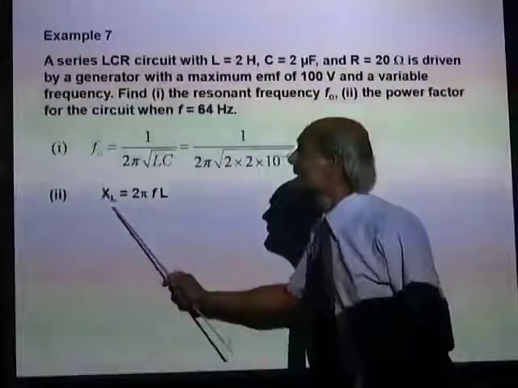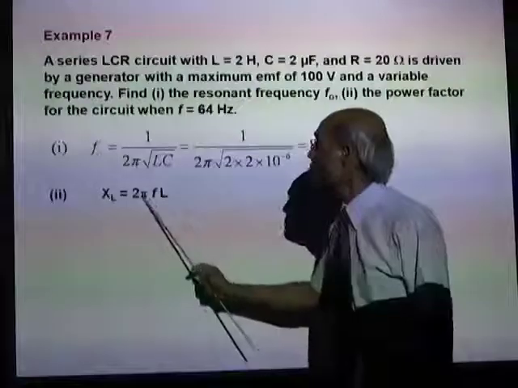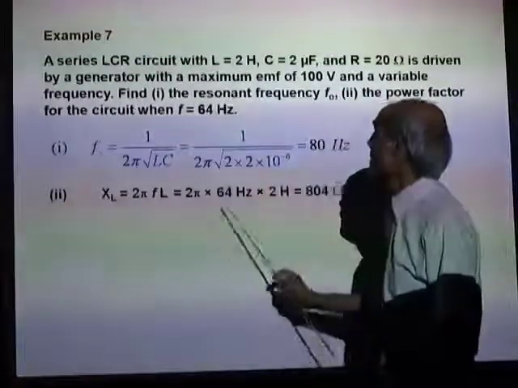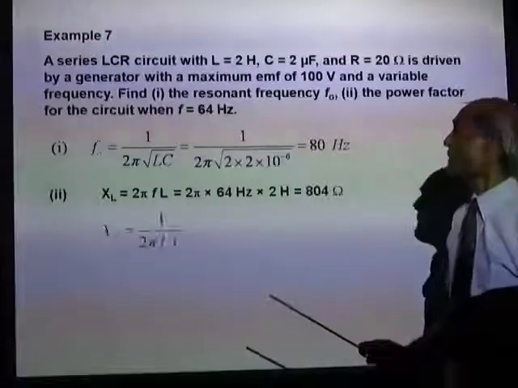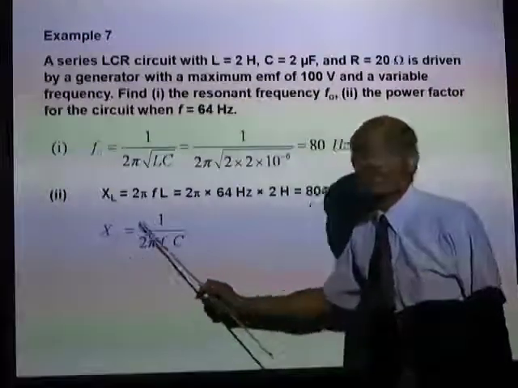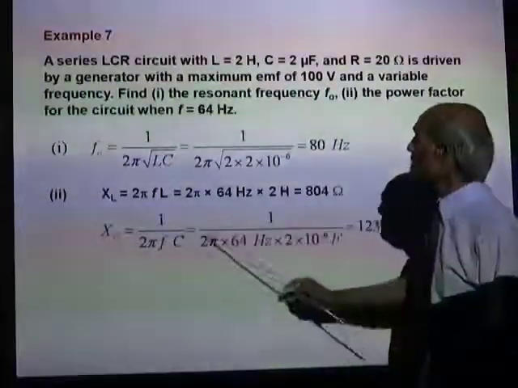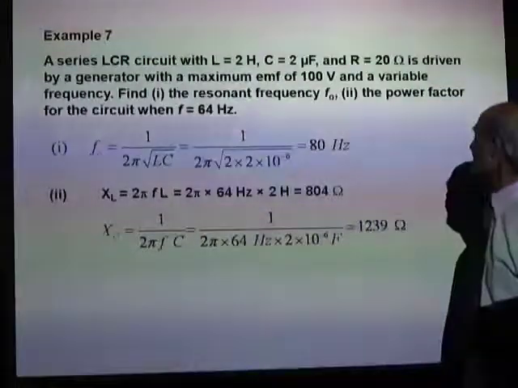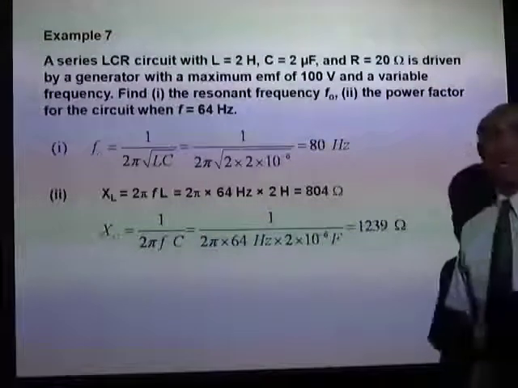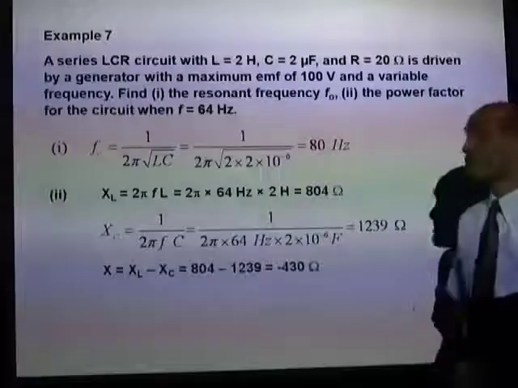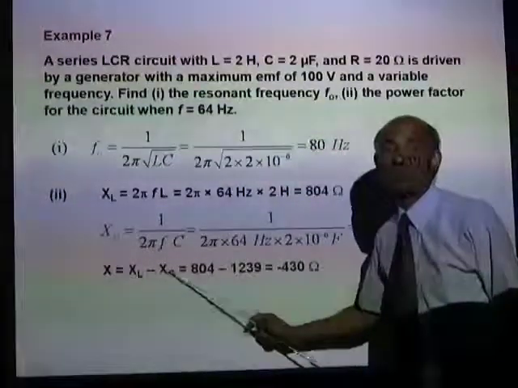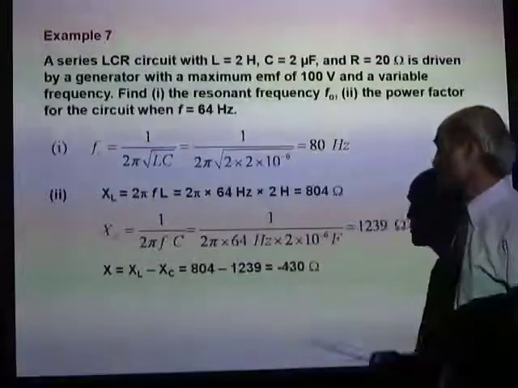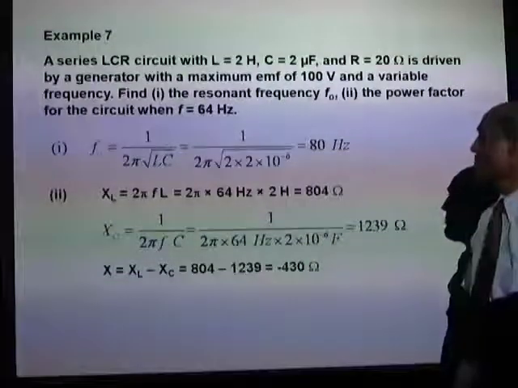The inductive reactance is 2 pi FL, and using the values we have, 804 ohm. And the capacitive reactance, by using the given values, is 1239 ohm. So what is the net reactance? Net reactance is XL minus XC, that is negative 430 ohm.